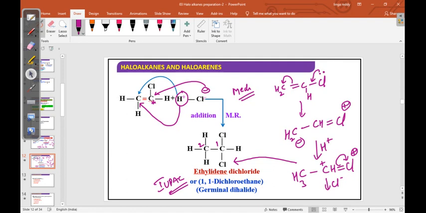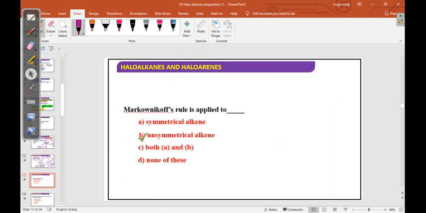Okay, next, if you want one more question, I will give. CH3C triple bond CH. In this case, if you add HCl, what will happen?